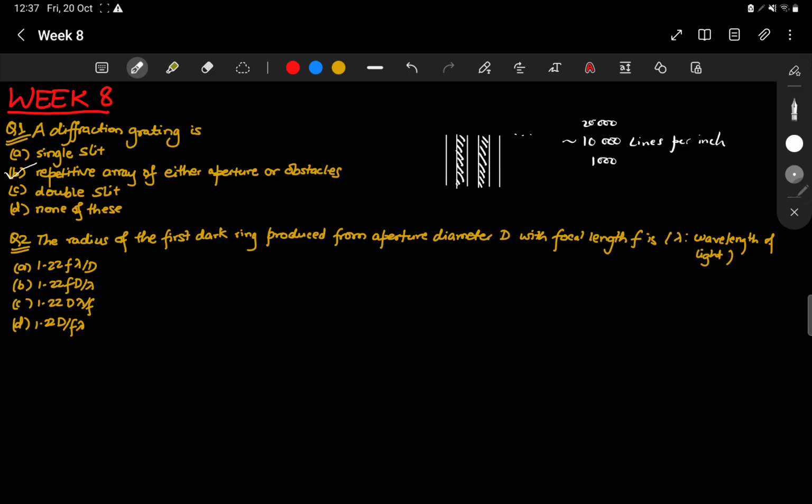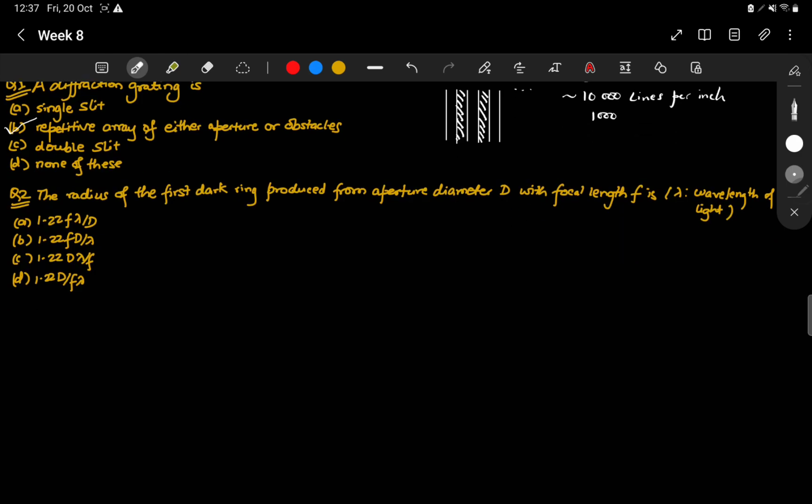Okay, so let us now discuss the answer. For this purpose, we need to study the diffraction effect from a circular aperture.